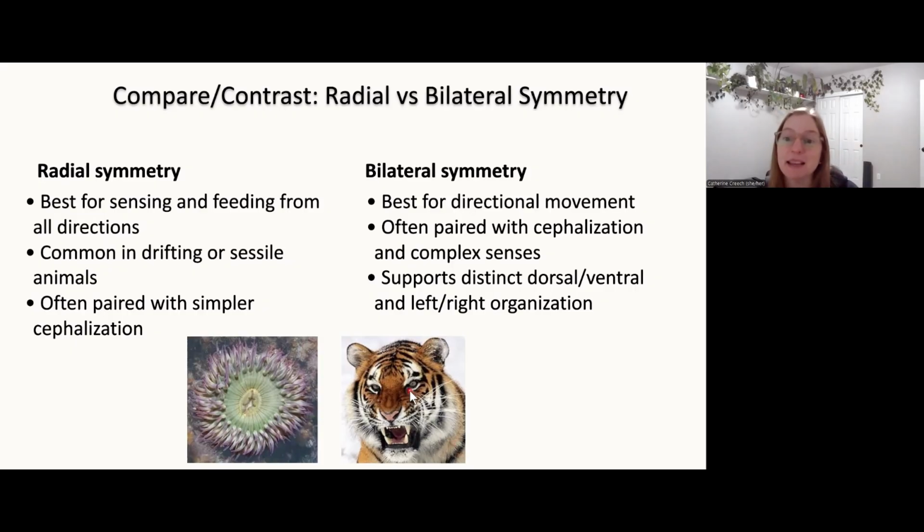This cat has amazing eyesight, hearing, smell. Maybe it's using that little pheromone taster in its mouth. This little cat here is going to be sensing a lot of the world and responding to it with its nervous tissue and its muscular tissue. This also supports complex body systems where we divide front to back and right to left. And we're going to talk about that with body plans.